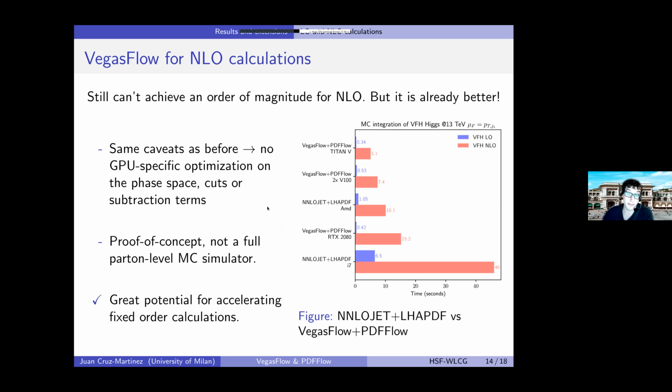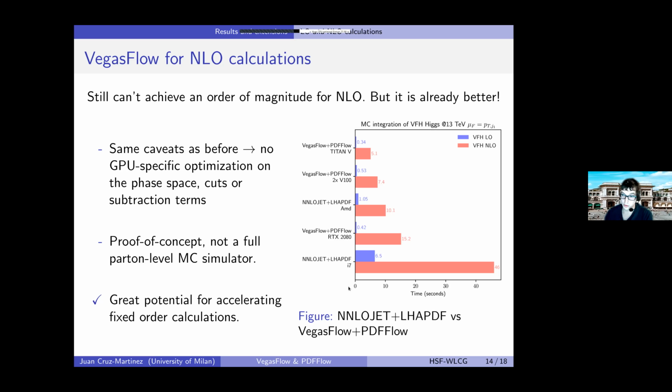And the same caveats as before applied. We didn't do any specific GPU optimization beyond what was needed to make everything work, obviously, because here you have now subtraction terms and phase space cuts that are very much non-trivial.